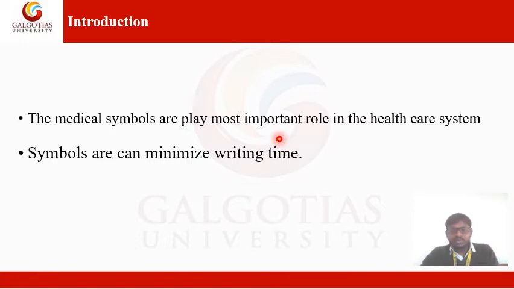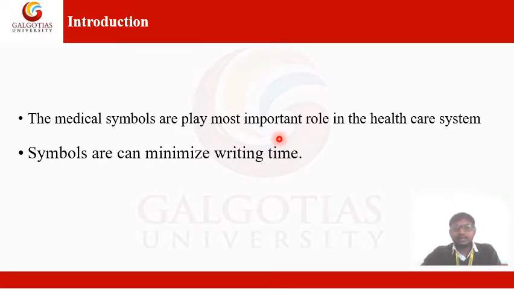When you see particular symbols or icons, you can understand easily that this symbol relates to a particular word, like increase. Increase means quantity or levels are increased compared with the normal. That symbol we can make like a rising arrow mark.